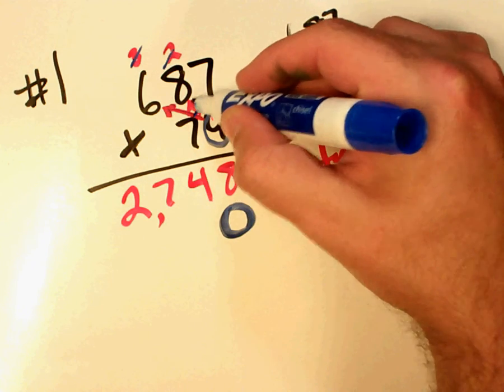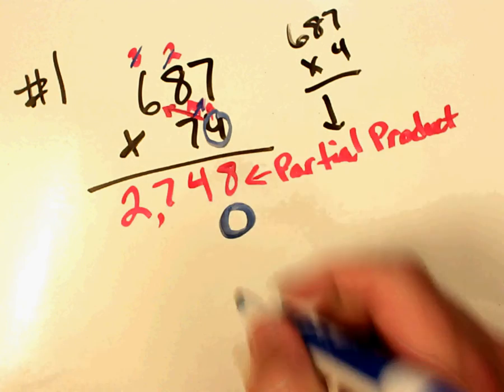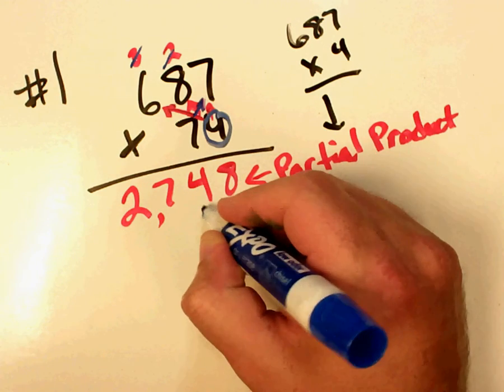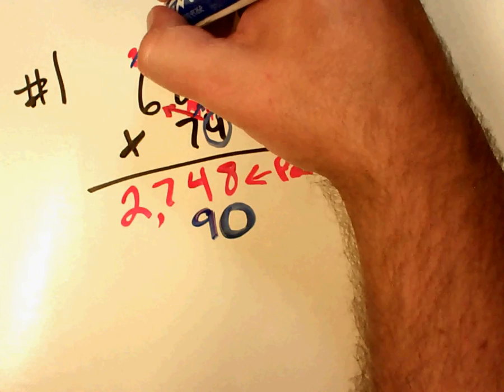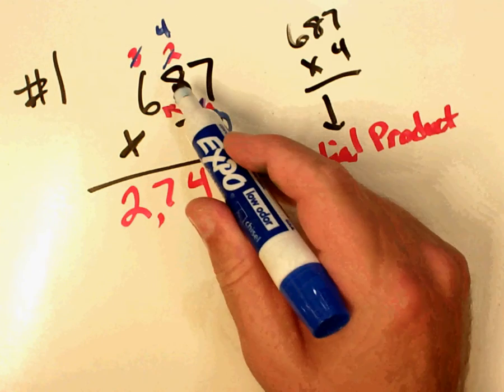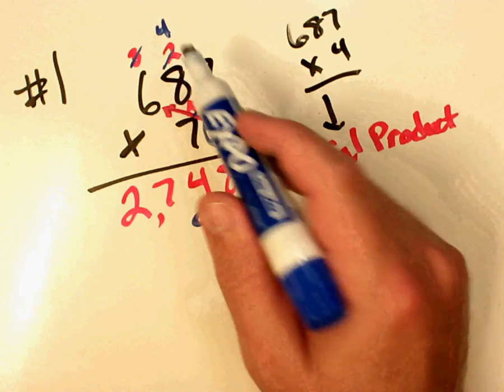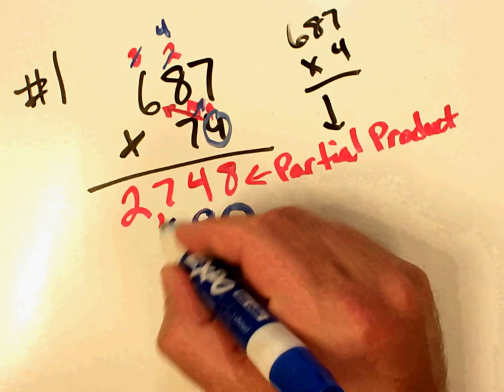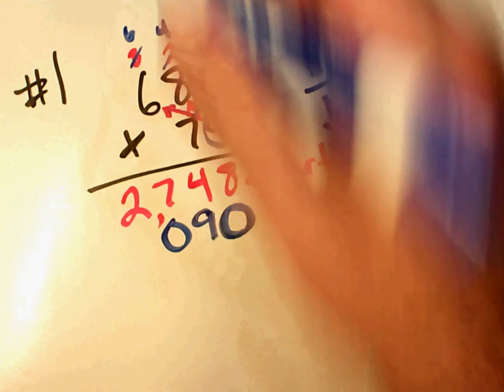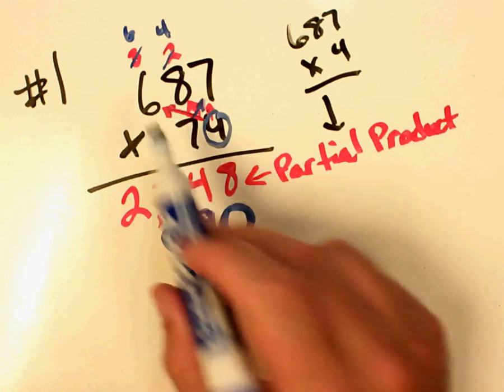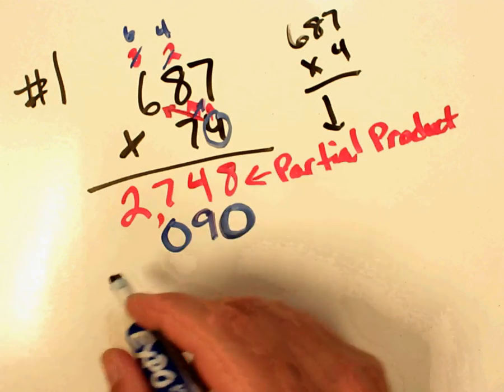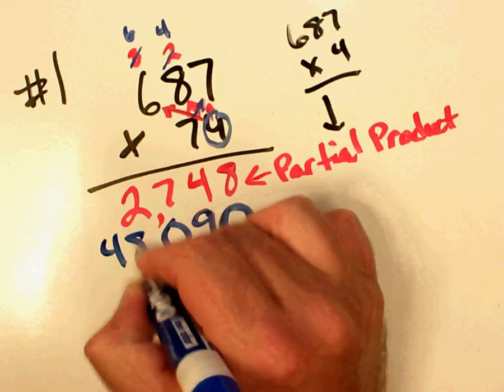Alright, then we're going to do 7 times 7, which is 49. Carry my 4. 7 times 8 is 56, plus 4, 60, carry my 6. 7 times 6, 42, plus 6 is 48.